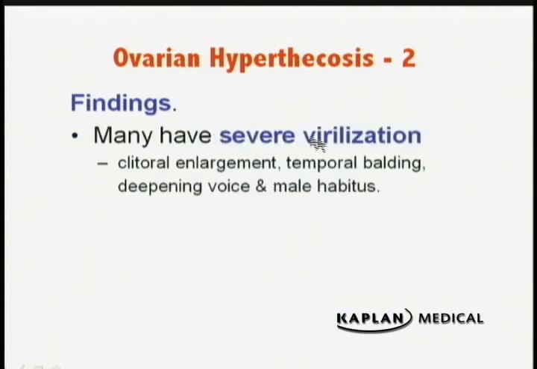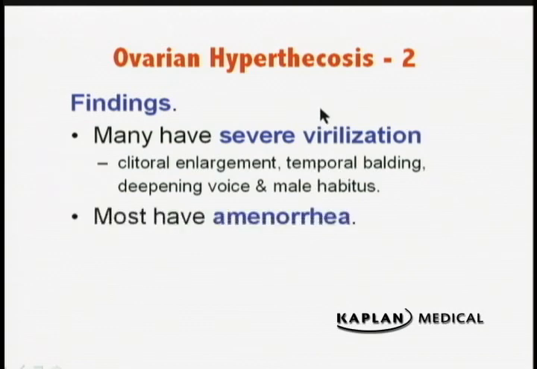Findings: many have severe virilization, clitoral enlargement, temporal balding, deepening voice, and male appearing hair pattern. Now, this is different than hirsutism. Hirsutism does not have enlargement of the clitoris, does not have temporal balding, deepening of the voice. This is virilization, and this is going to be from high levels of peripheral androgens.